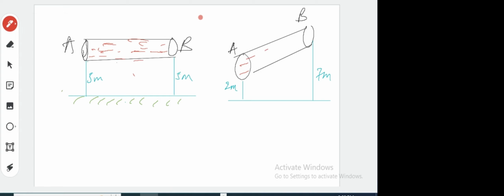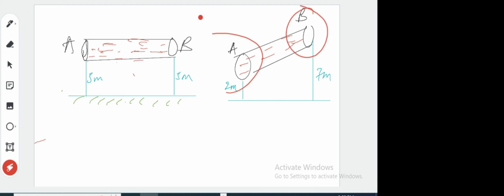Different. Look at the word I said, different. Different height from the ground. So the two ends, A and B, are at different potentials or different heights in this sense. The two ends are now kept at different potentials so the water can flow.